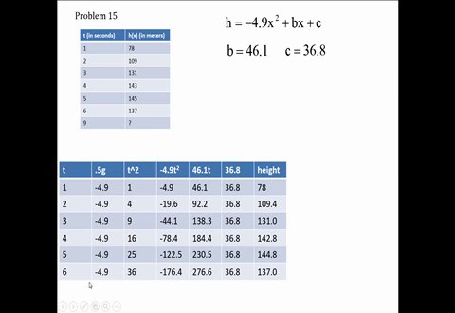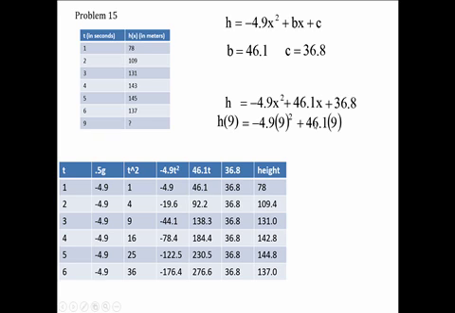Now let's see what we'd get for 9. Take my values here. For h of 9, you have 9 squared. Not 36. 9 times 9 is 81. 81 times 4.9. 9 times 46.1.